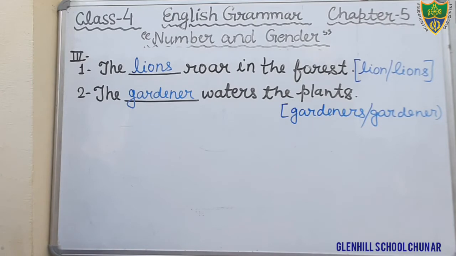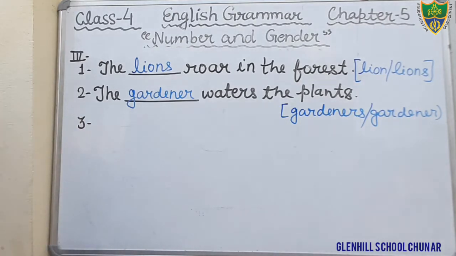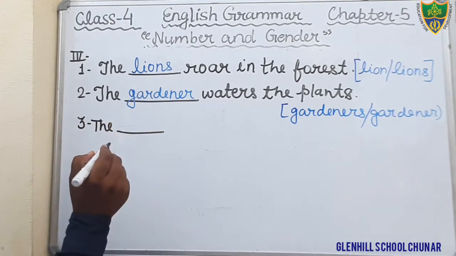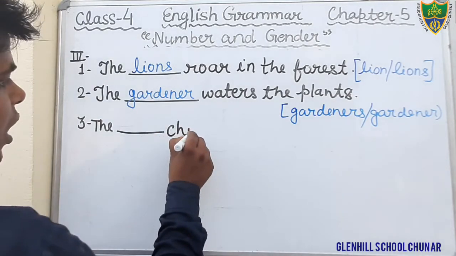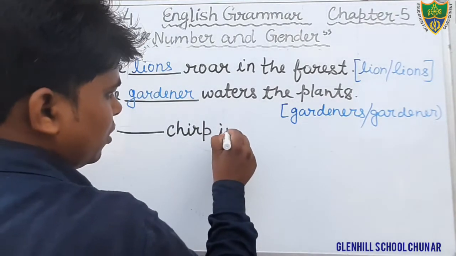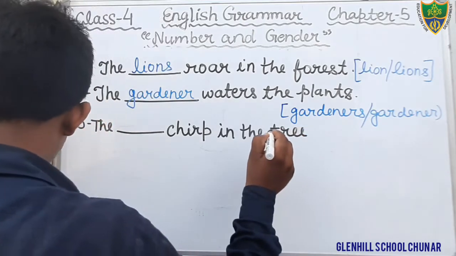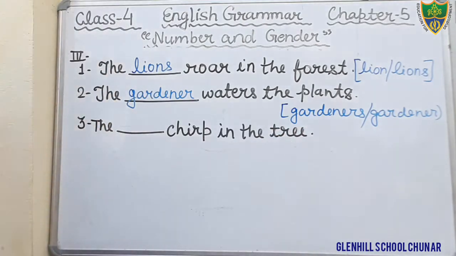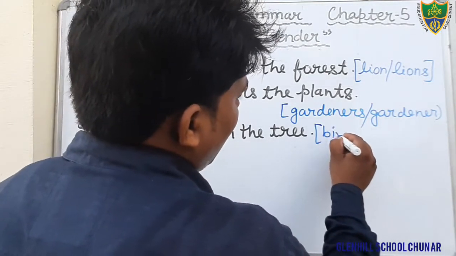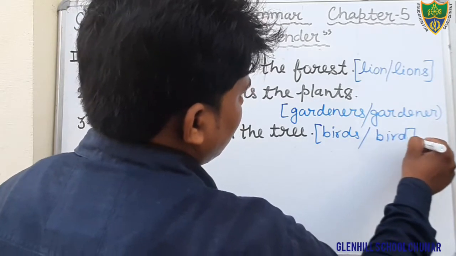Okay students, come to the next question. Question number 3. The blank chirp in the tree. What is the option given here? Birds or bird? Birds is given as plural and bird in singular.